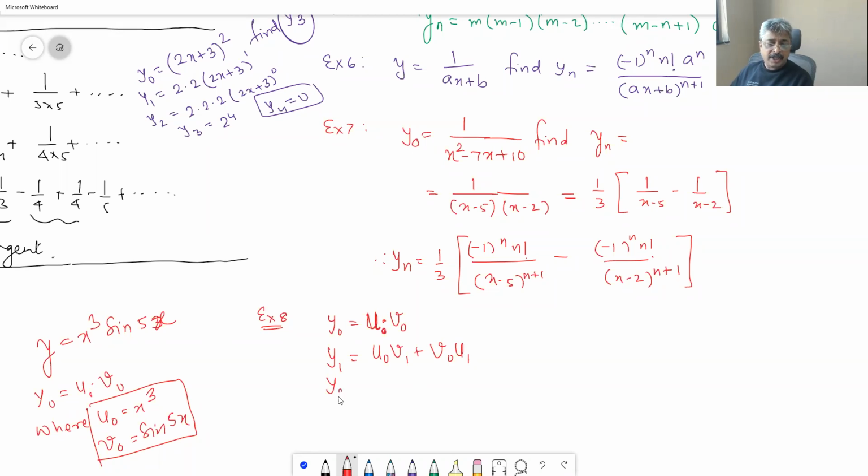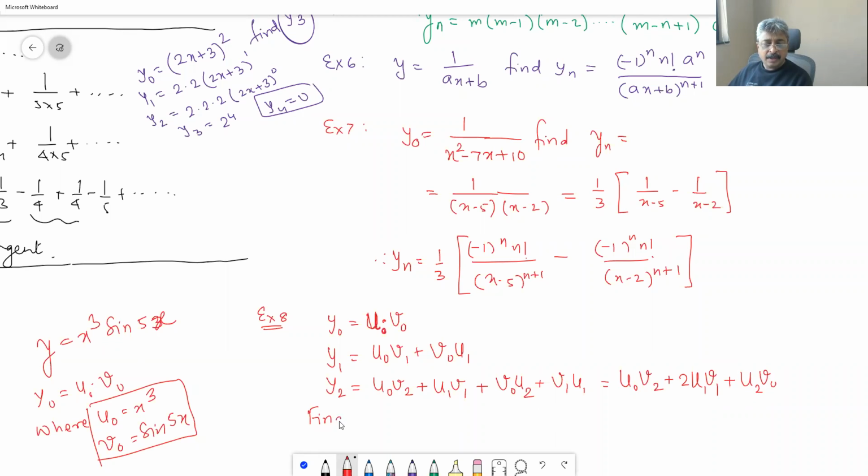Now if we want to find the second derivative, again the product rule: u0 v2 plus u1 v1 plus v0 u2 plus v1 u1, which makes it u0 v2 plus 2 times u1 v1 plus u2 v0.